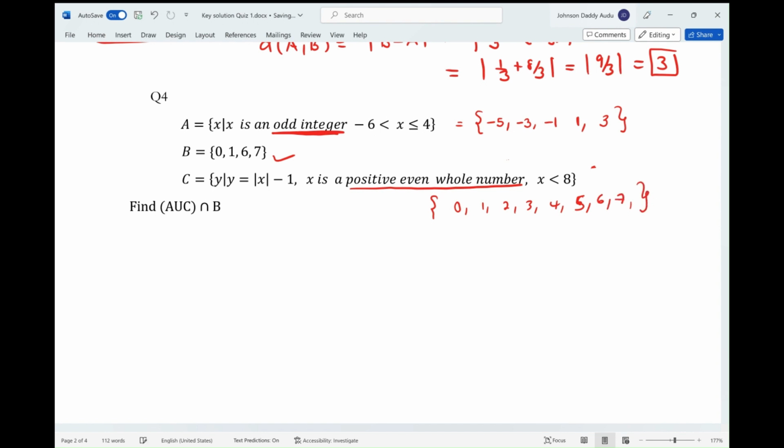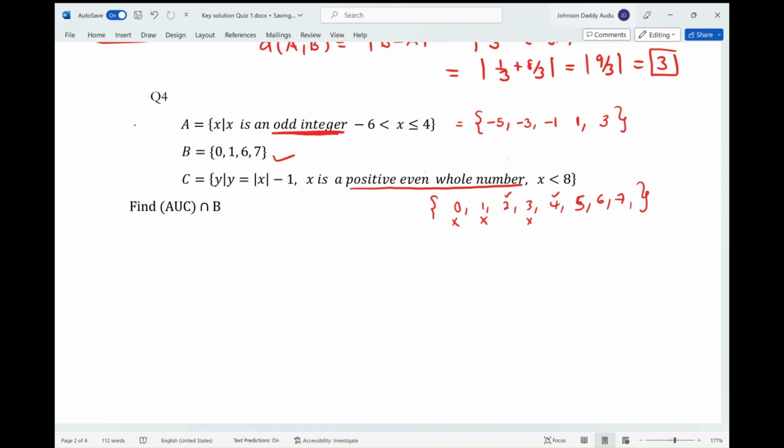Now, these are the whole numbers less than 8. But we need the ones that are positive and even. So 0 is even, but it's not positive, so you cannot take it. 1 is odd, you cannot take it. You can take 2, we cannot take 3, we can take 4, and we can take 6, because these are the ones that are even and also positive. So I hope that is clear.